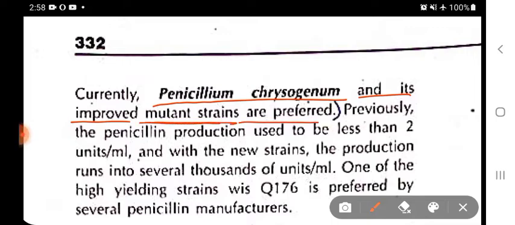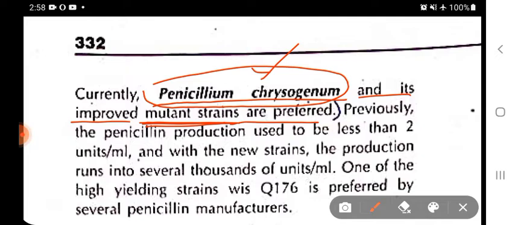What do mutant strains mean? It means we use Penicillium chrysogenum and try to do mutation. What does mutation mean? Mutation means a change in the base pair of the nucleotides found in the DNA.